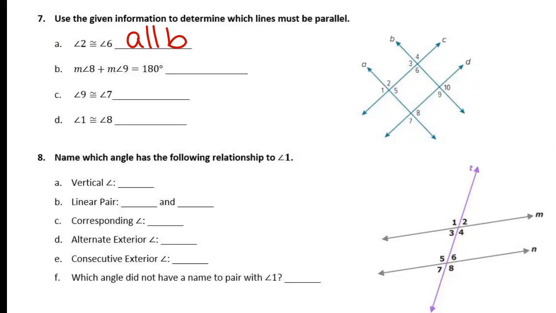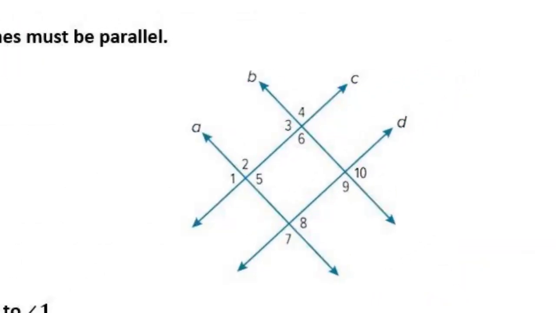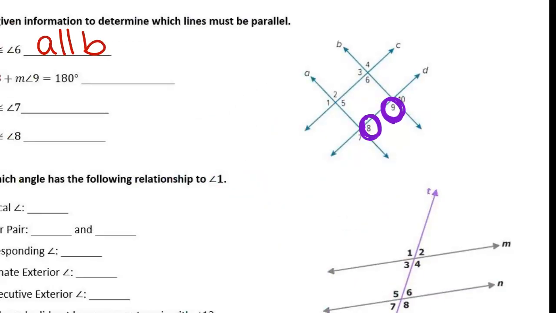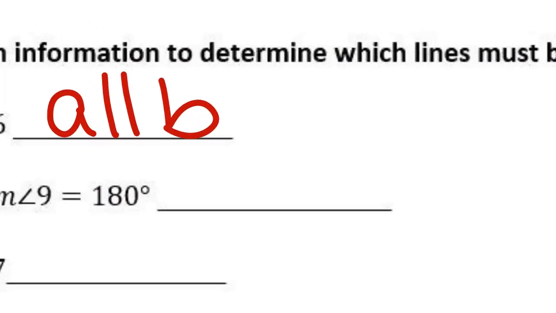Part B, it says 8 and 9 add up to 180. Here's 8. Here's 9. What's the transversal that connects them? D. Which line does not touch either one? C. So what are the lines that would have to be parallel? A and B again.